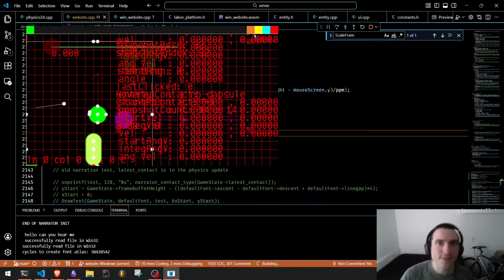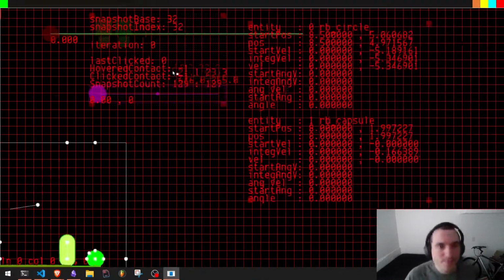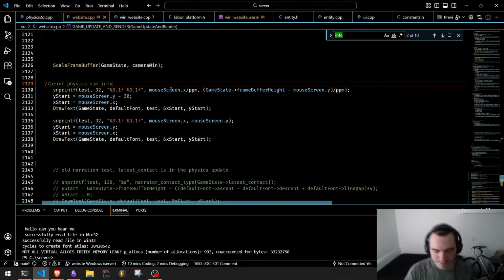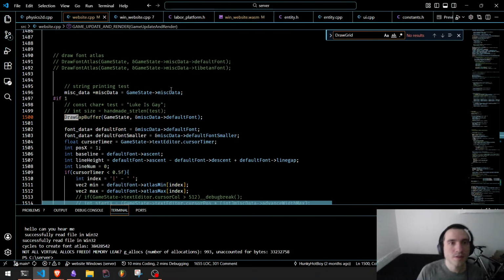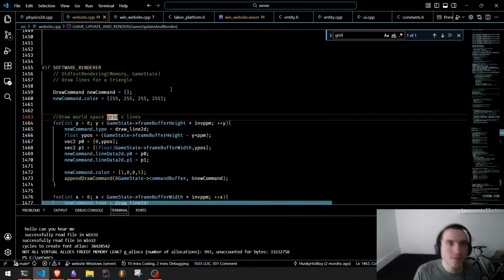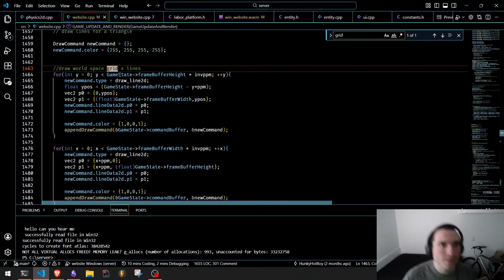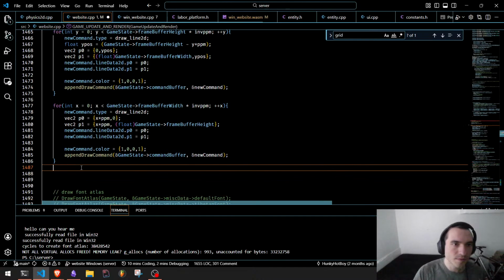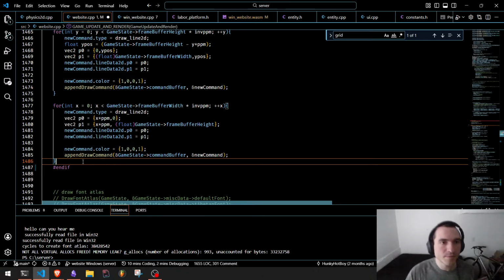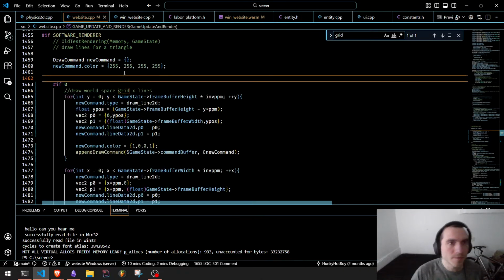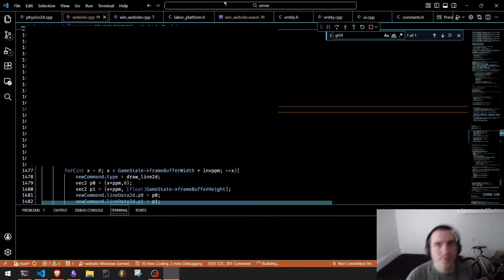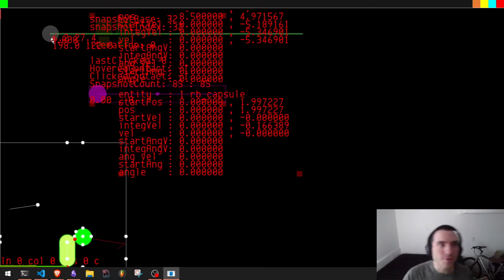See how it works now. Oh, I need to get rid of that grid. Just disable this too. Beautiful.